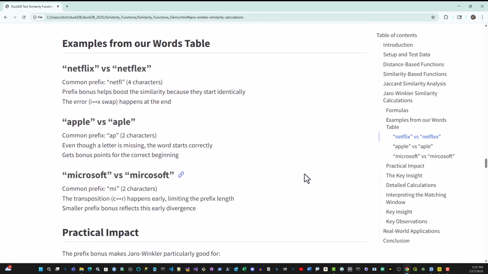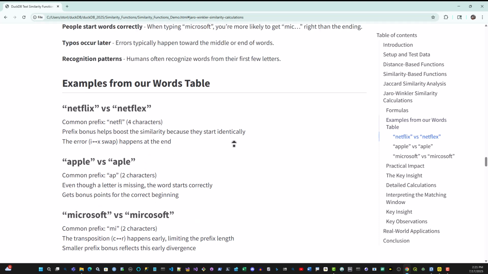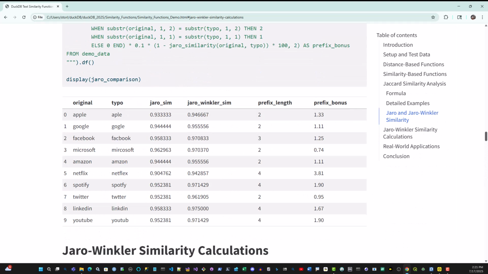So let's look at a couple of examples here. You can see Netflix, for example, is NetFL, 4 characters, because both write the first 4 correctly, right? 1, 2, 3, 4, like this. So therefore, its prefix is 4 characters. And if you look up in my calculation table above, you can see that this is the prefix length, right? And here's the prefix bonus calculated. So why is this prefix length 2?